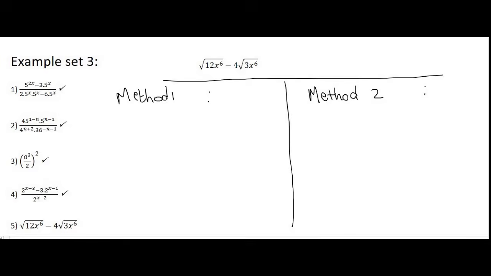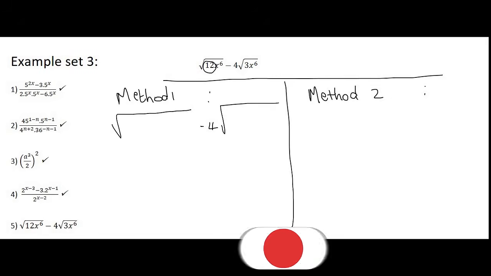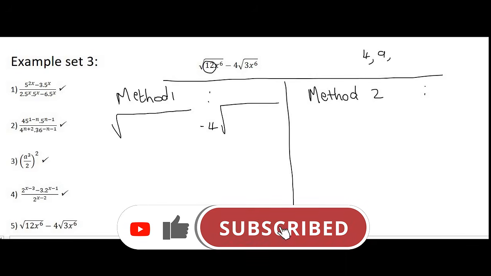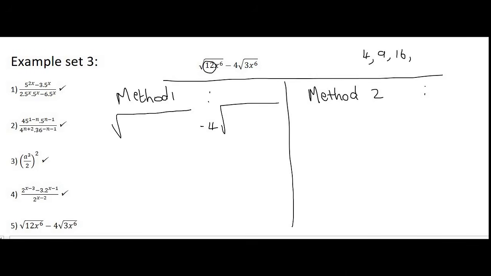Method number 1, you're going to look at that 12, and you're going to try break down that 12 into the combination of, or you want to try get at least one square number. Now a square number is something like 4, 9, 16, 25, 36.